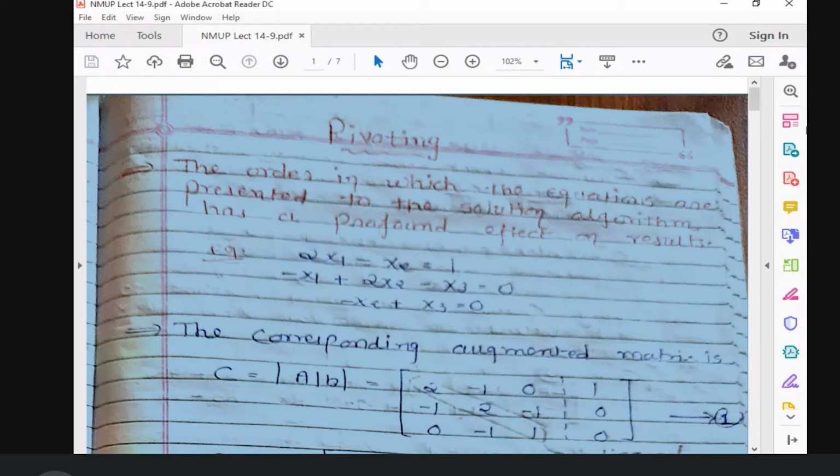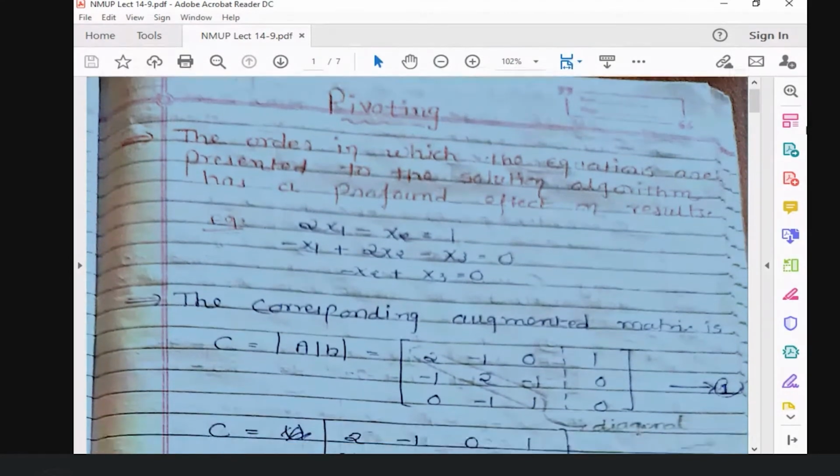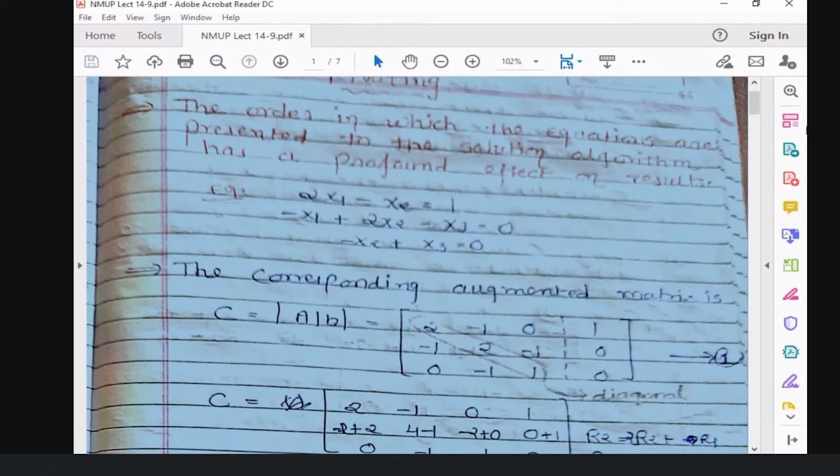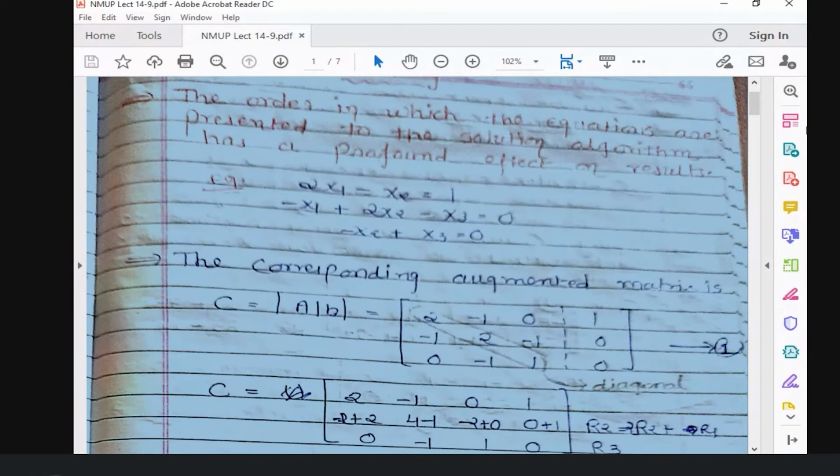So over here, I have taken one simple example to understand these concepts, right? In the first, say 2x1 minus 2x2 is equal to 1, then the second equation and then the third equation. Now what I have done is write the corresponding augmented matrix, which is equal to A by B, that we already know.